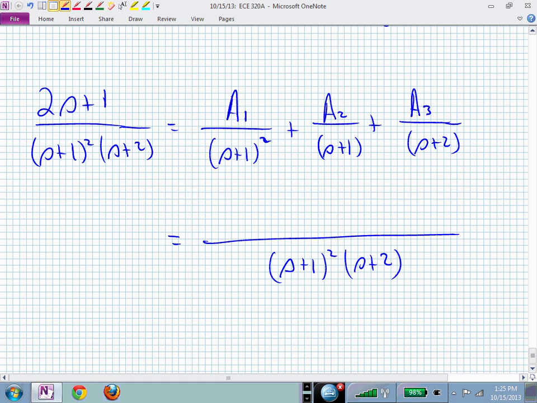So now we're just doing algebra. A1, does it need to be changed? If the result of this needs to end up being a1 over (s plus 1) squared, then we would need to scale a1 by s plus 2. Is that okay? What about a sub 2?